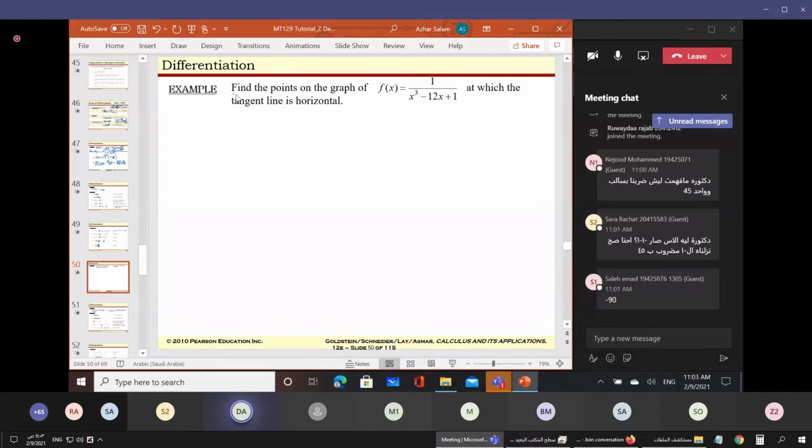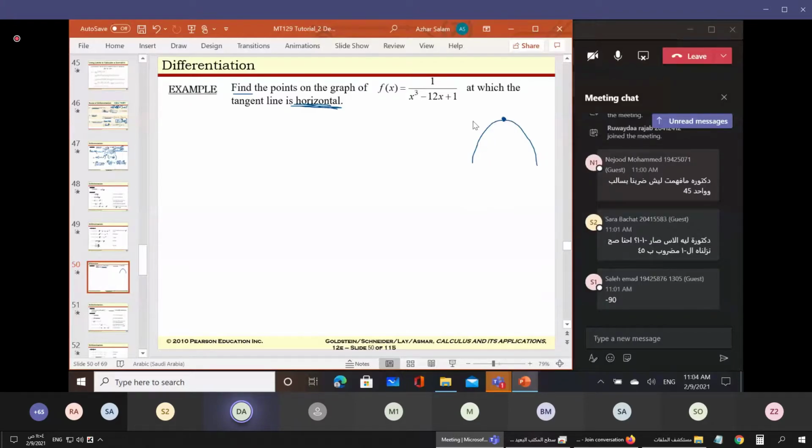The question is, find the points on the graph of f at which the tangent line is horizontal. If I have a graph, for example, like this, there are some specific points, like this, at the top or in the bottom of a graph.